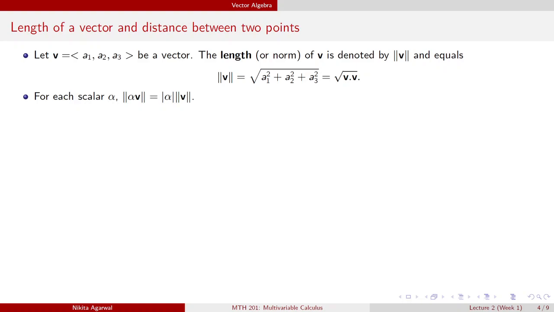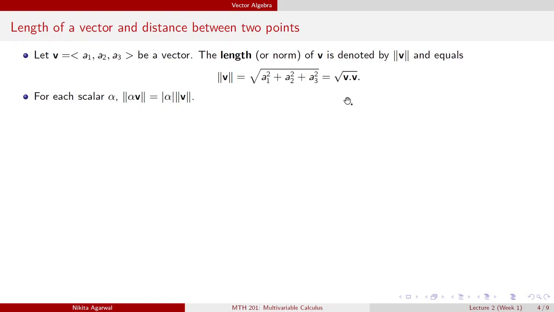That's the notation, and it equals square root of the sum of squares of the components. Okay, but you remember this is nothing but square root of dot product of V with itself. So what is the length of a vector? It's nothing but square root of the dot product of the vector with itself. Okay, and square root is all right here because we saw that V dot V is greater than or equal to 0. So you can take square root, right?